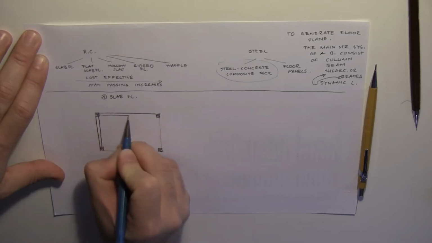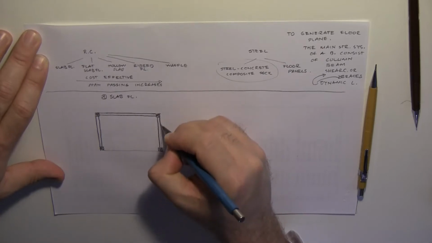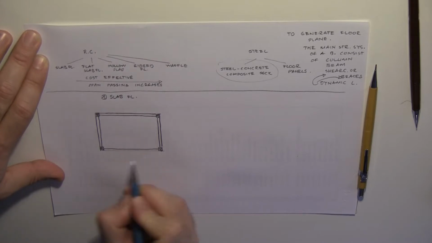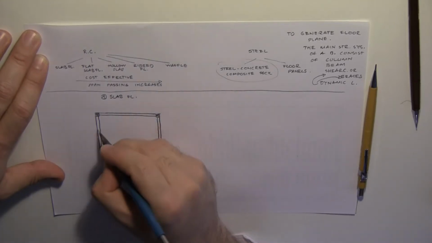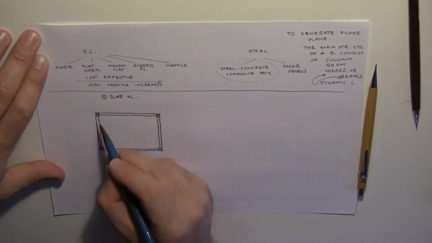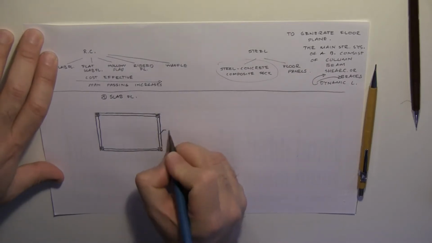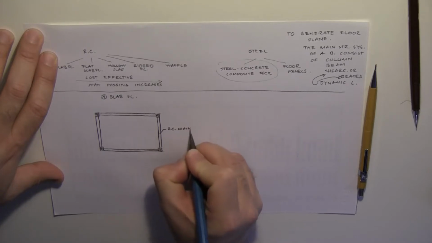Usually the rectangles are dropping down from the ceiling, standing perpendicularly in order to use their moment of inertia. So in plan we connect the 4 columns to each other with 4 beams, and all of these are going to be named reinforced concrete main beams.